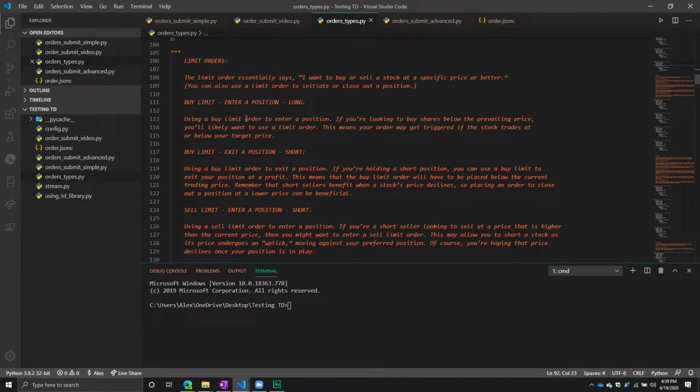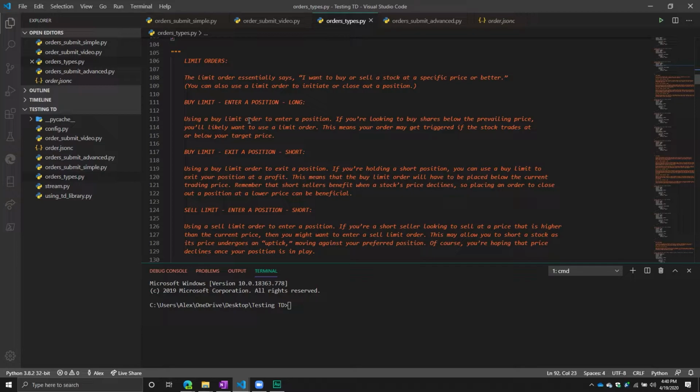Okay, let's talk about limit orders. So with a limit order, essentially what we're saying is I want to buy or sell a stock at a specific price or better. You can also use a limit order to initiate or close out a position. So if, for example, you want to enter a position and go long a particular stock, you would use a buy limit order. And so with this one, really what you're saying is if you're looking to buy a share, you want your limit price to be below your prevailing price.